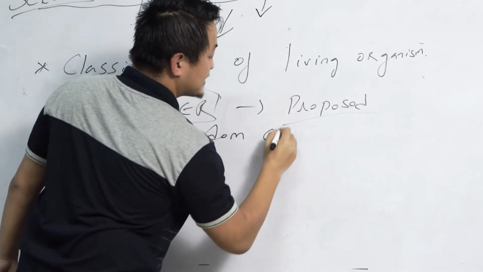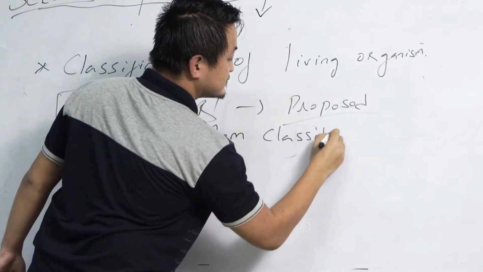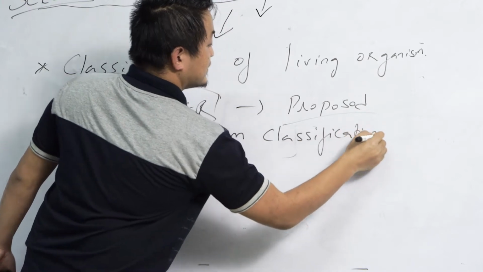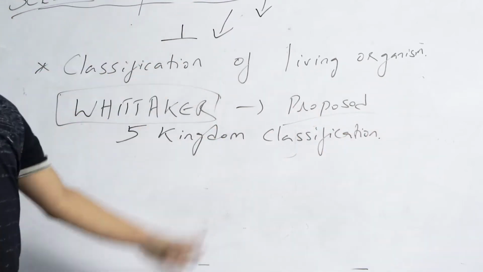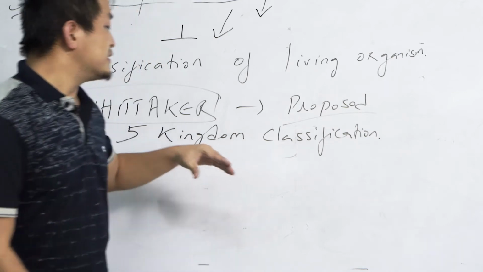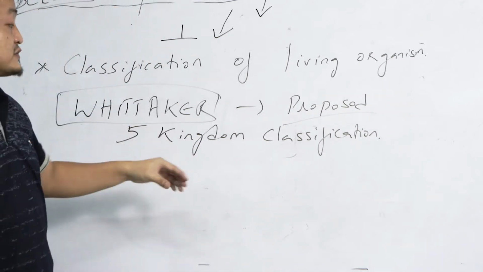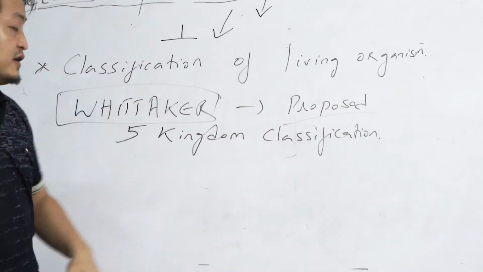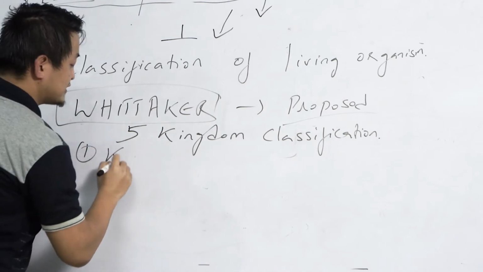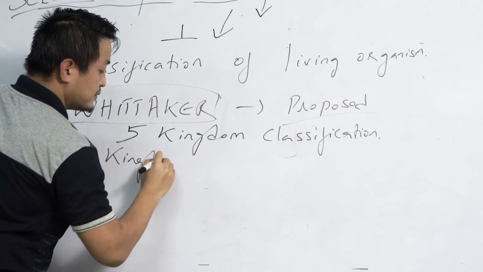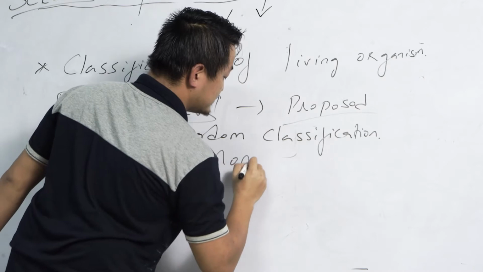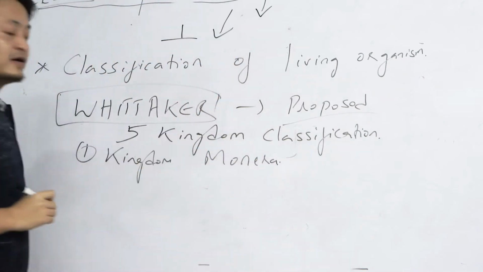The 5-kingdom classification. So out of all the living organisms, he proposed a 5-kingdom classification. So those kingdoms are, first, kingdom Monera. Clear?